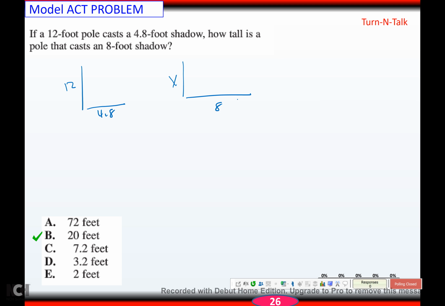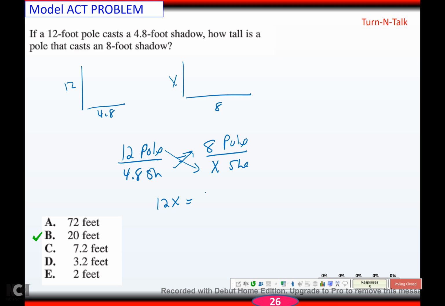You set up a proportion. If you have a 12-foot pole that makes a 4.8 shadow, and I have an 8-foot pole, and I don't know what its shadow is, you set up the proportion. 12 times x would be 12x equals 4.8 times 8.